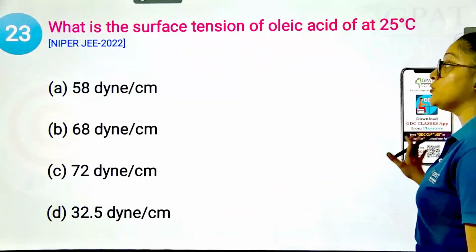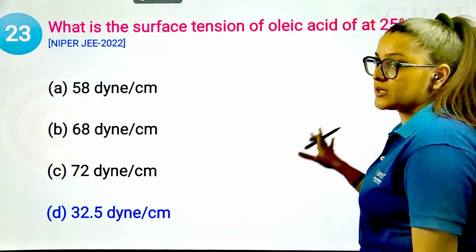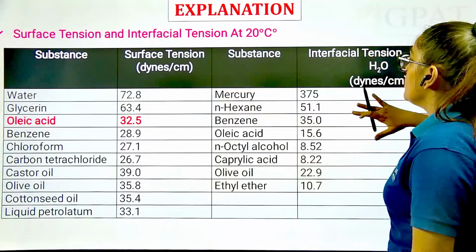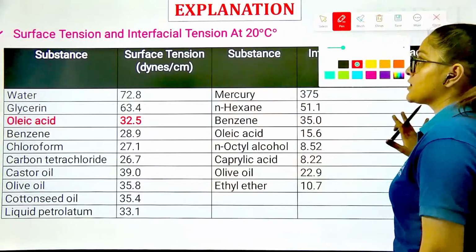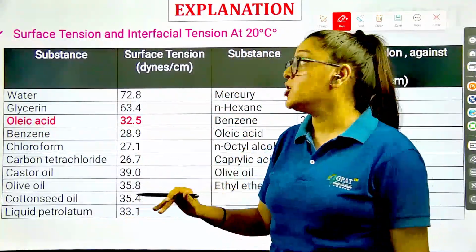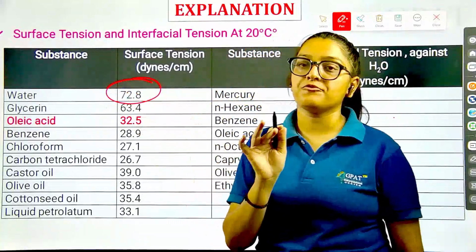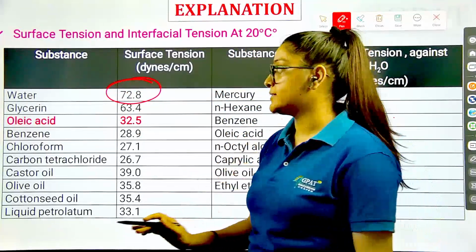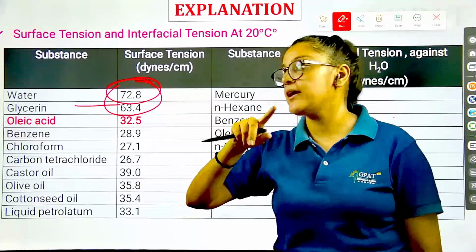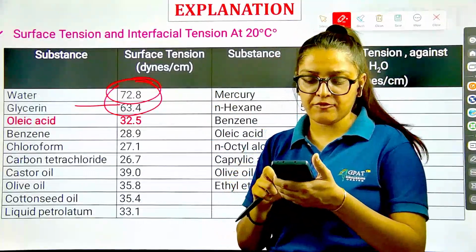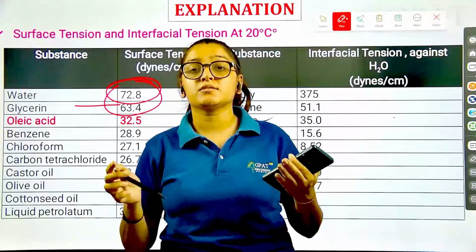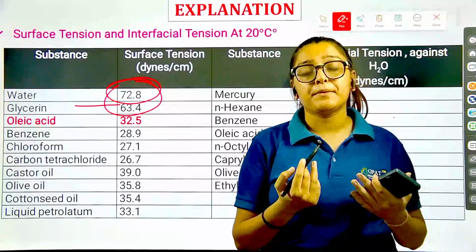How will you be able to memorize all those? Let me tell you one way you can have an idea of the surface tensions. If you have been together for physical pharmacy since day one, you should have the idea for water. It is 72.8, right? For water and glycerin, just remember 72.5. We have very few days left for your exam, so this is the time you brush up and polish your preparation.